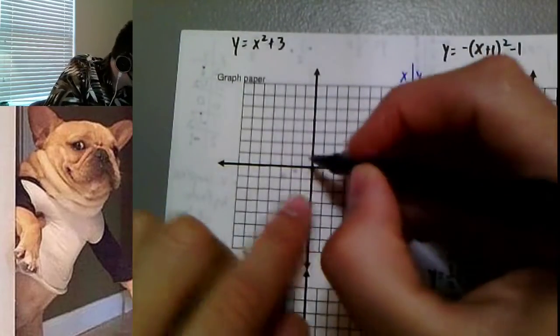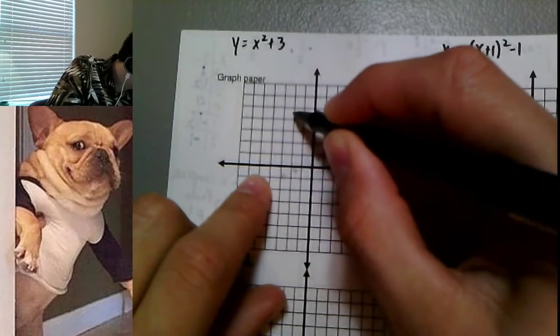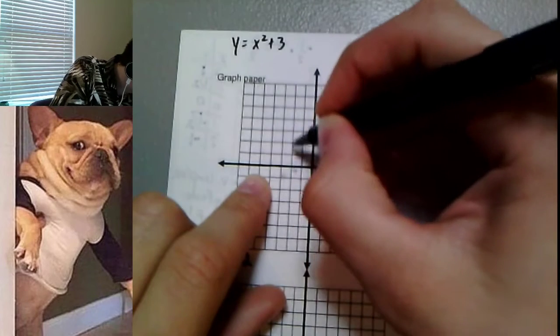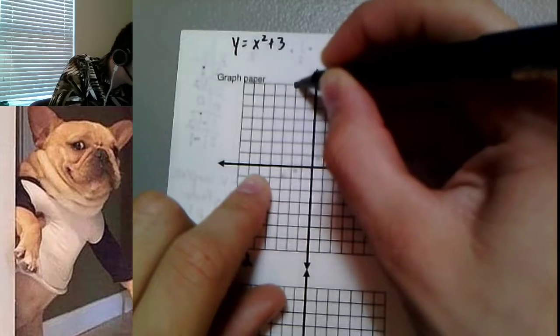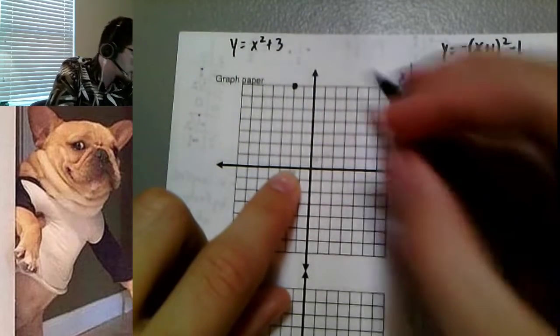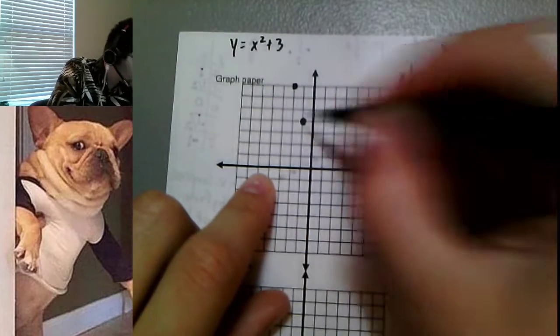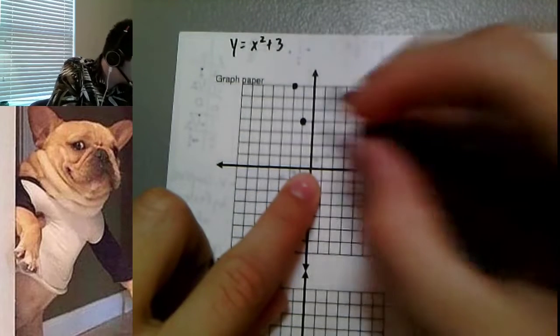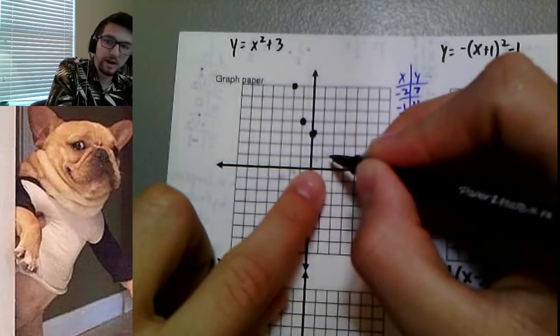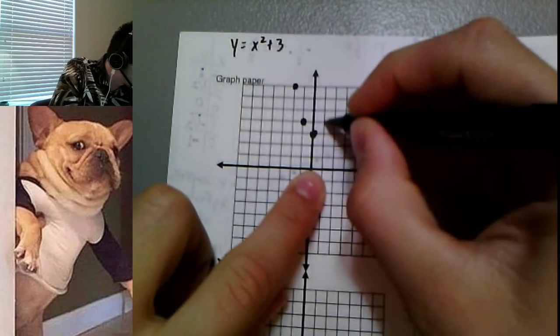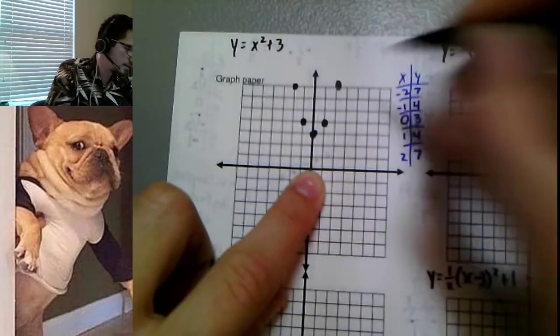So left 2, up 7. 1, 2, 3, 4, 5, 6, 7. Whoa. Very top. Left 1, up 4. 0, 3. 1, 4. And then 2, 7.